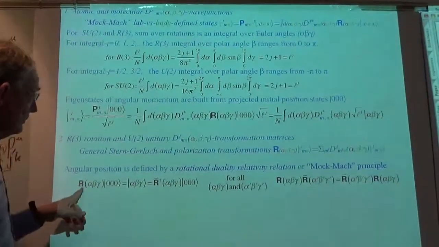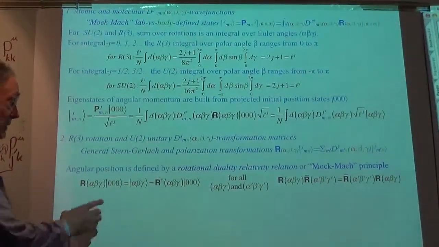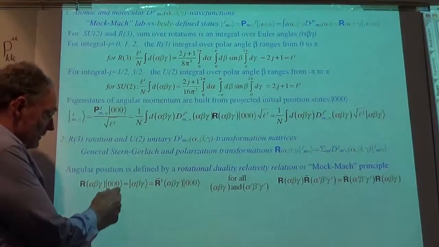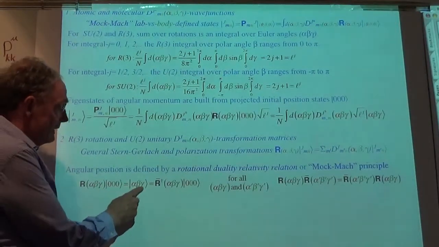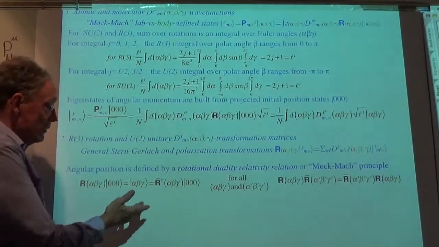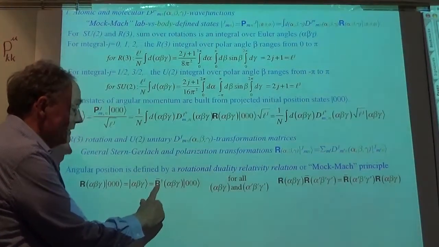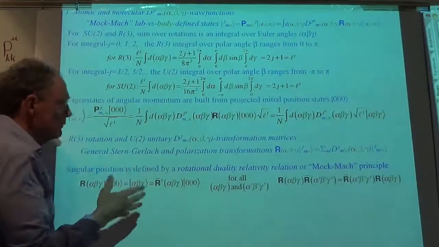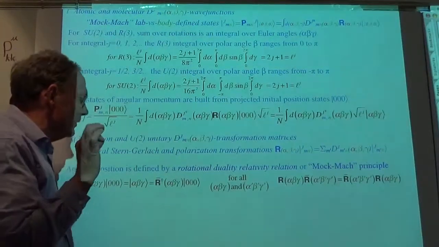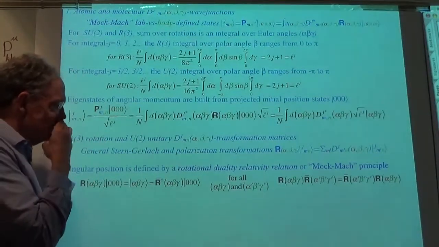And I also want to make sure that you understand the Mach principle. R of the original state is called alpha, beta, gamma, and we're going to equate that to the body operator, the one that has a bar over it, dagger, inverse. We're taking unitary. That's a little bit of a restriction. I have to change that if this is Lorentz transformations.